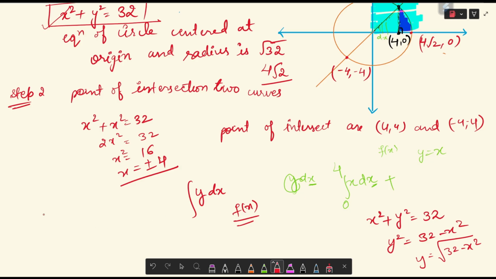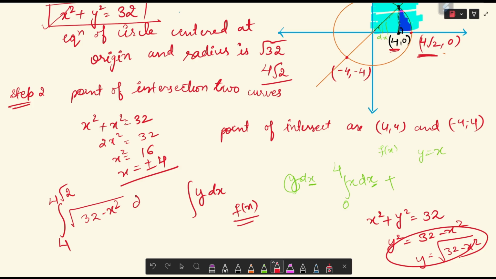So the other integral will start from the point 4, right? And we will end at the point 4 root 2. And our function is the square root of 32 minus x squared dx.